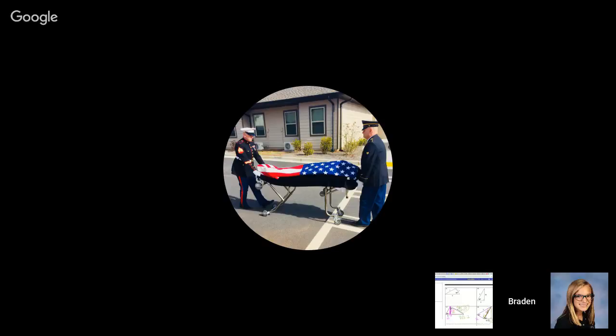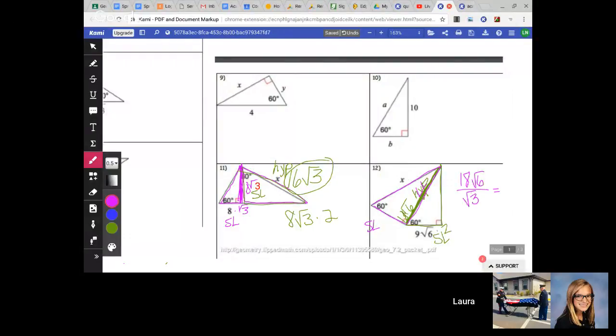So this would be a 1, and this would be a 2, right? So it'd be 18 root 2 is the short leg down here.